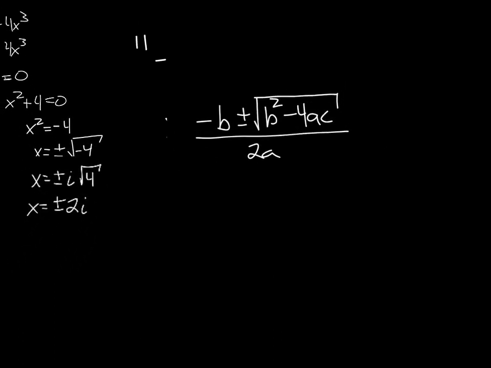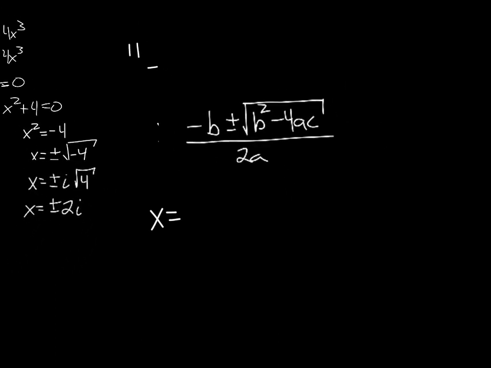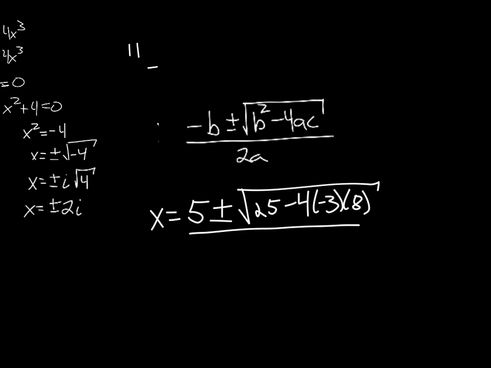All right, so then what's, we're using this, what is it? Negative 5 plus or minus the square root of negative 5 squared, which is 25, so minus 4 times negative 3 times 8, all over negative 6.